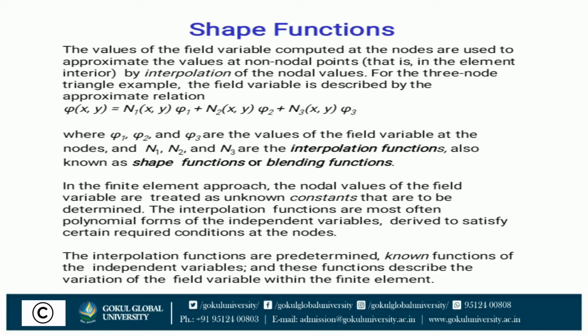So the values of the field variable computed at the nodes are used to approximate the value at nodal points in an element interior, by interpolation of the node values.